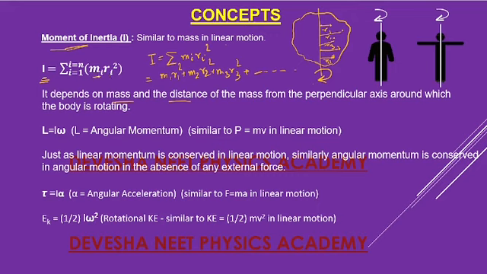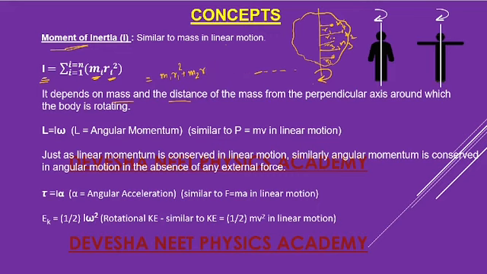Imagine each of them has a mass here, say m1, m2, m3 and so on. So it depends on the mass and the distance of the mass from the perpendicular axis around which the body is rotating. It depends on the mass and the distance square. So this was about the moment of inertia.